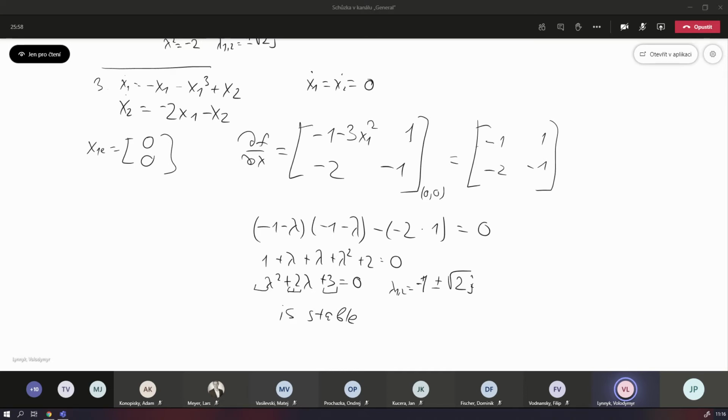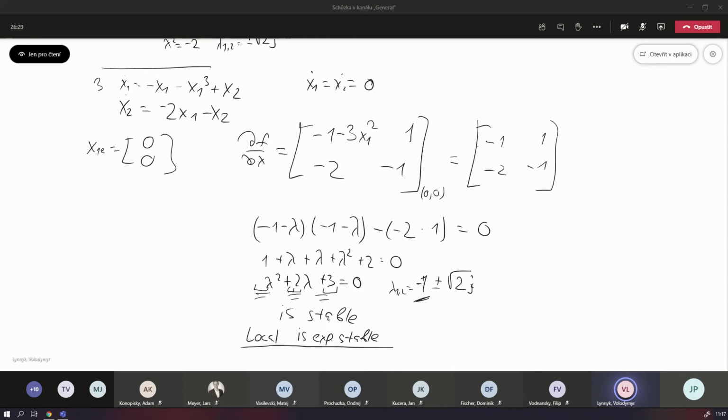And when we have these coefficients positive here, because the real part of the eigenvalue is negative, then we can say that this system is exponentially stable, yeah, and local. Why local?